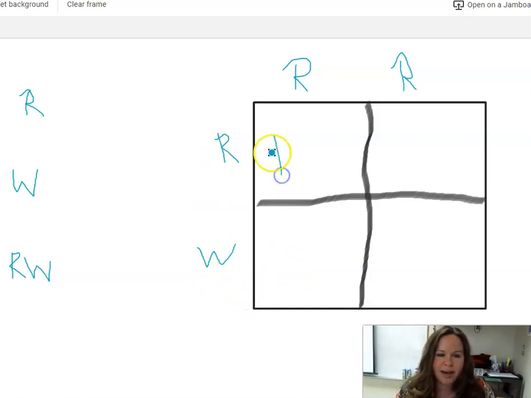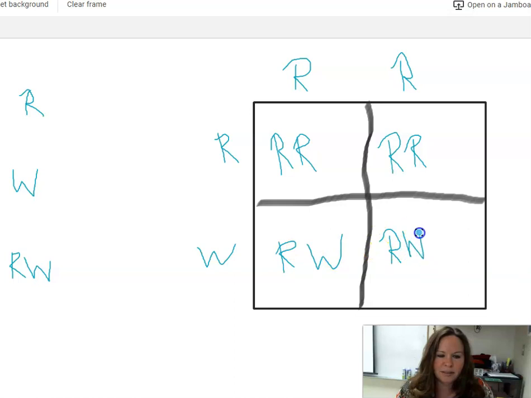Now let's fill in the boxes. Big R is always red. Looks like two of the boxes are going to be red. Now fill in this box, big R, big W, and same with this one. Oh, looks like I've got pink.